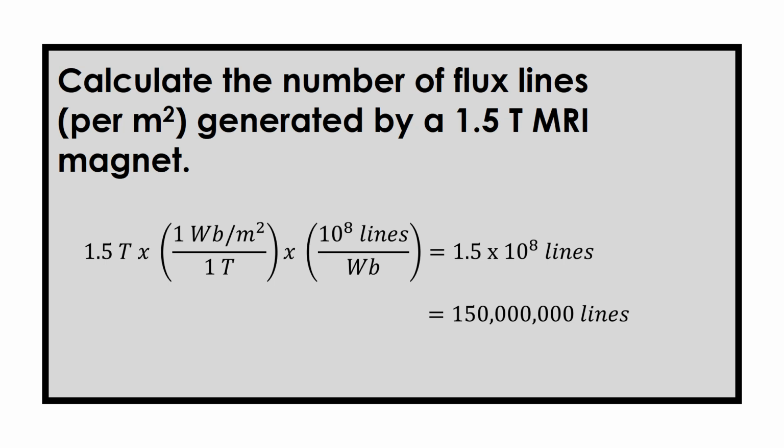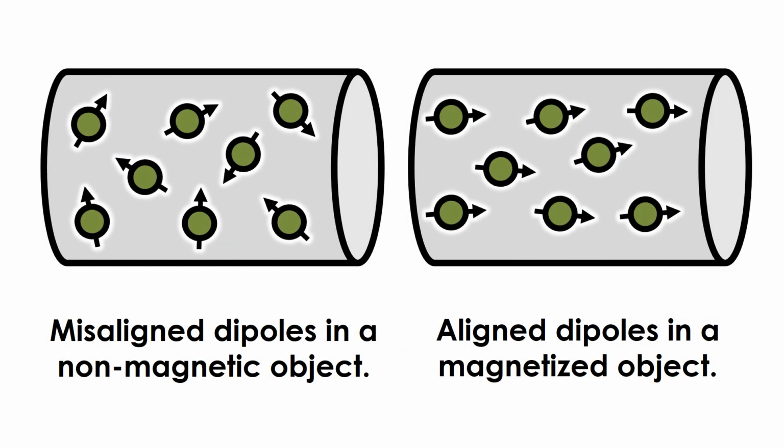There are different kinds of magnets. A magnetic field in every situation is created when charged particles within an object, called dipoles, are oriented in the same direction. So we see two examples here. On the left, we have a non-magnetic object, and on the right, we have a magnetic object.